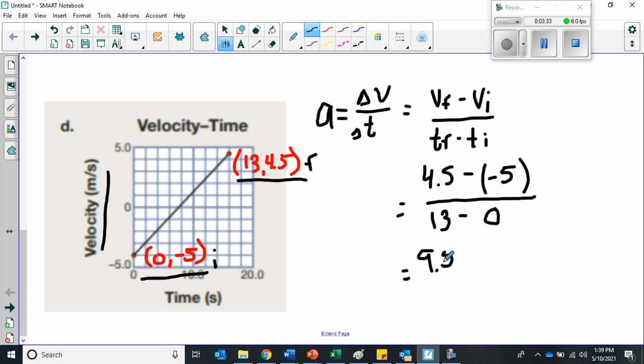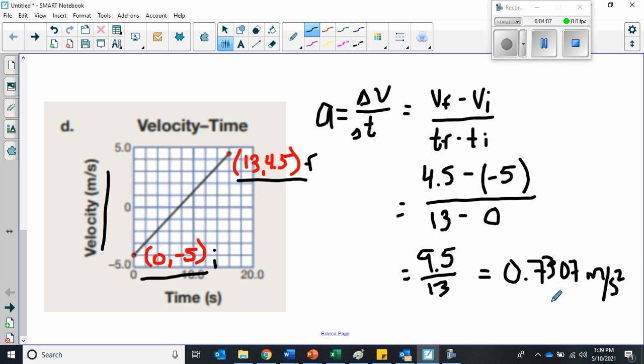You divide by 13 minus 0. Anything taking away nothing is just itself. So 9.5 meters per second change in speed, or in my velocity, over 13 seconds, I have an acceleration of 0.7307, and it kind of keeps going on, meters per second squared.